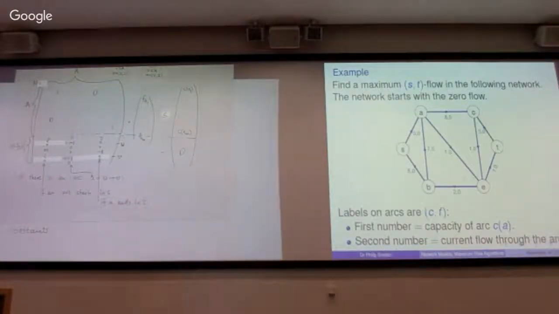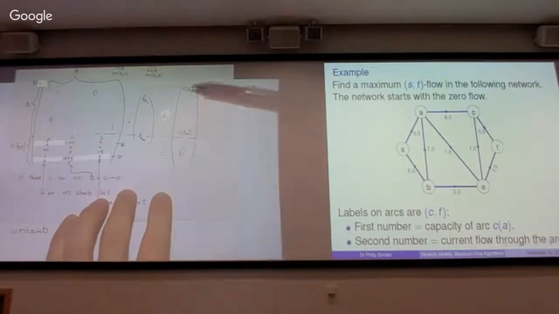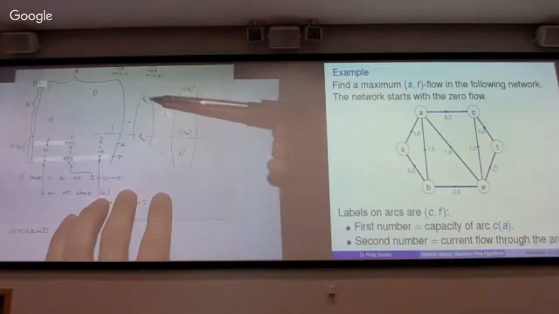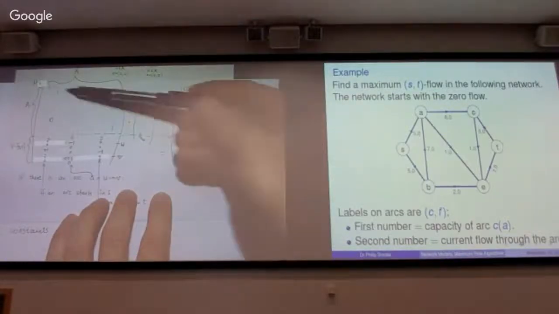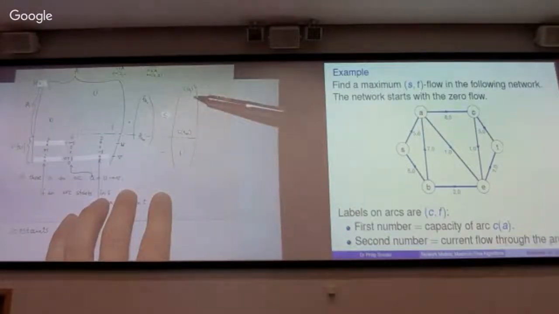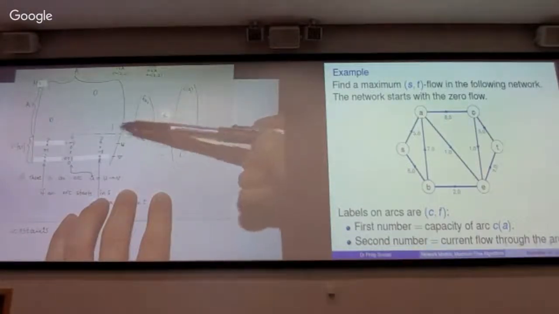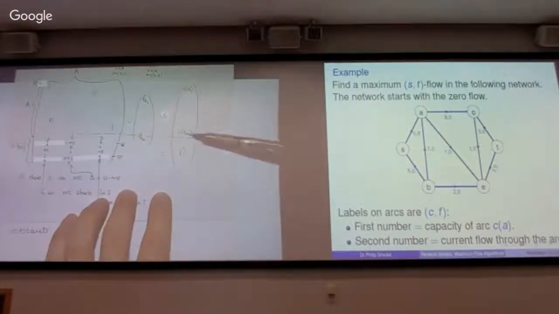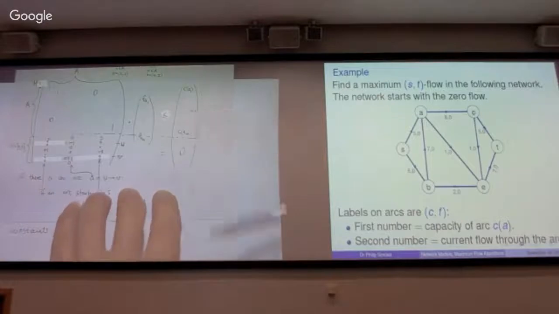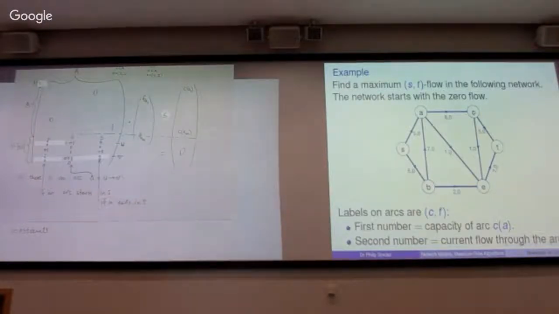Each of the rows at the top says the first one, F_A1, is less than or equal to the capacity C_A1. The second one, F_A2, is less than or equal to the capacity of A2. The last one, F_AM, is less than or equal to the capacity of AM. So there are M constraints if you have M arcs in your graph.